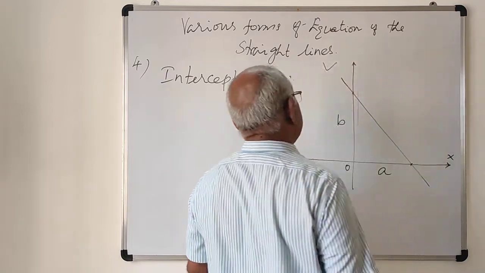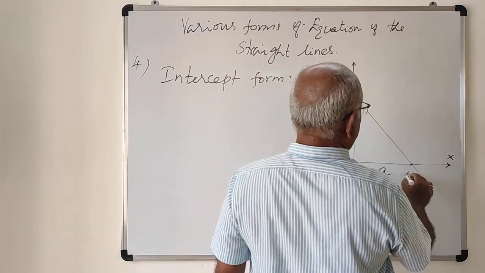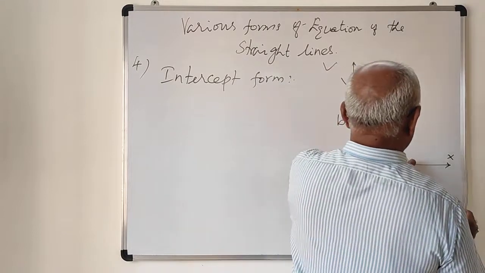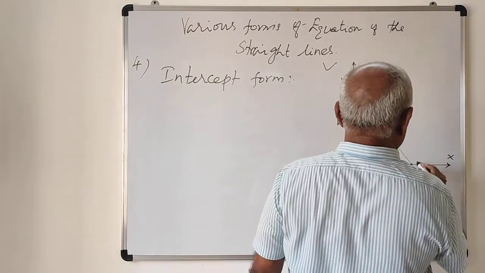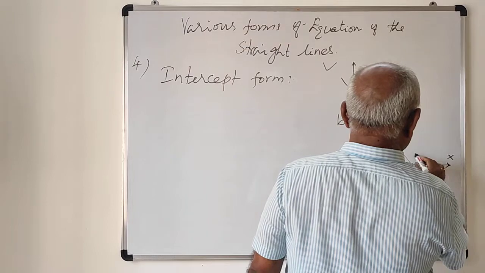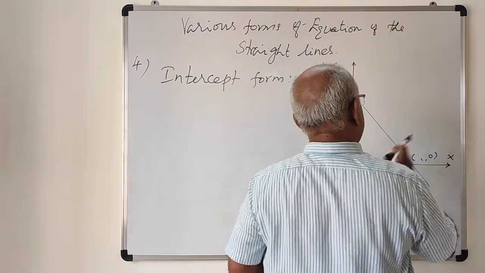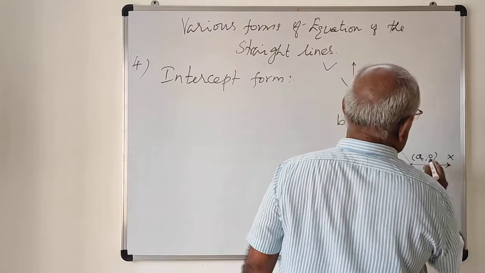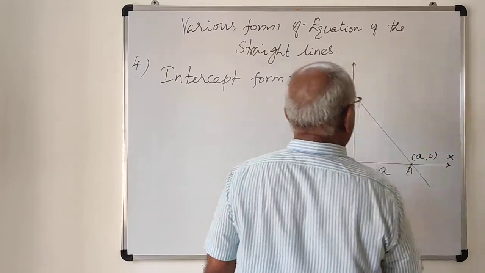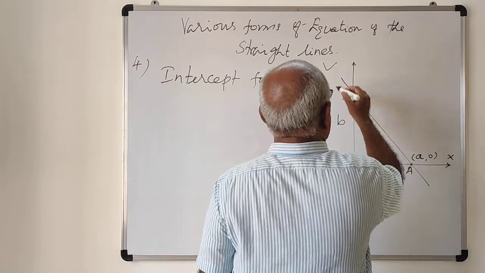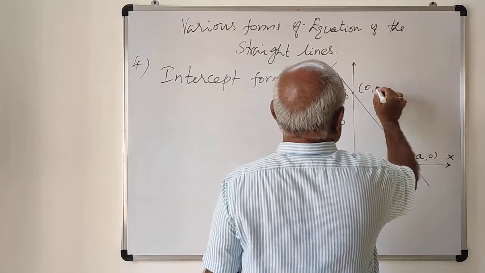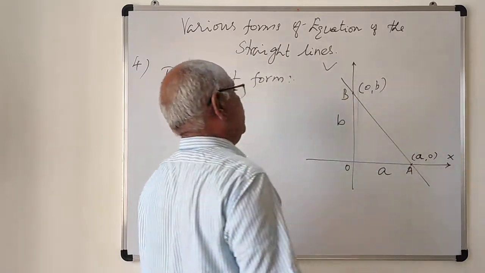This is the origin. The line cuts the x-axis at a, so its coordinates are (a, 0). And the line cuts the y-axis at b. The point is (0, b).